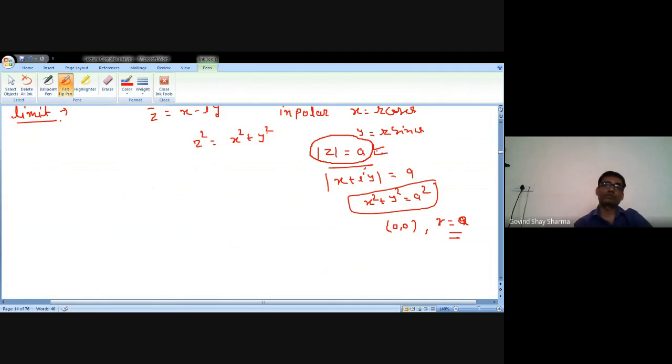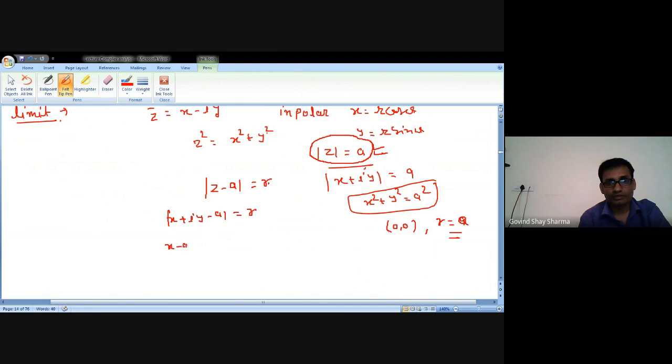So whenever in a question we are given modulus of z is equal to a, that means we are talking about a circle. Sometimes we are given modulus of z minus a is equal to r. Here we can write x minus a plus iota y equal to r.